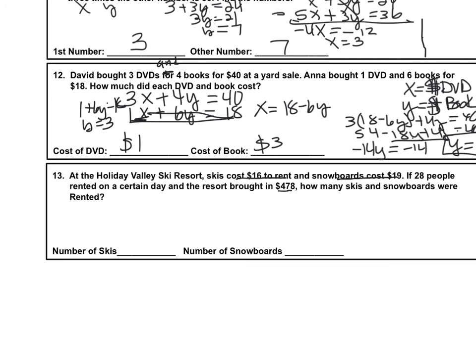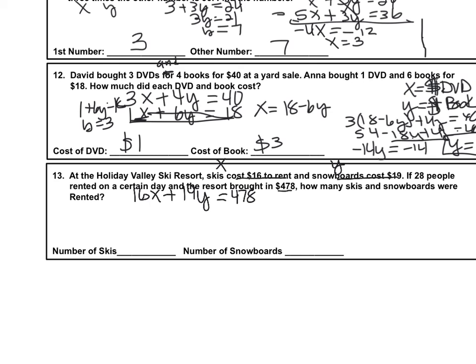All right, so if 28 people rented, we're going to say that skis are x and snowboards are y. And that represents the number of them, all right? Because it's $16 per ski plus $19 per snowboard, and they brought in $478.